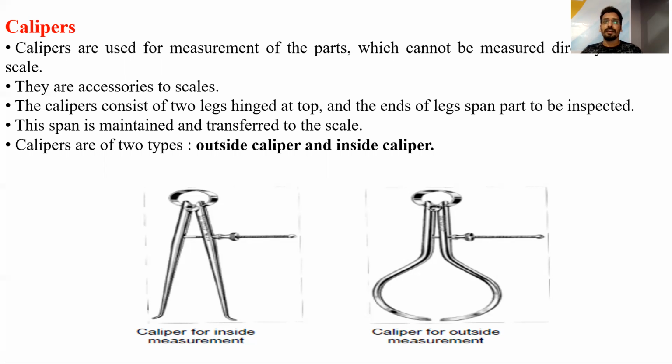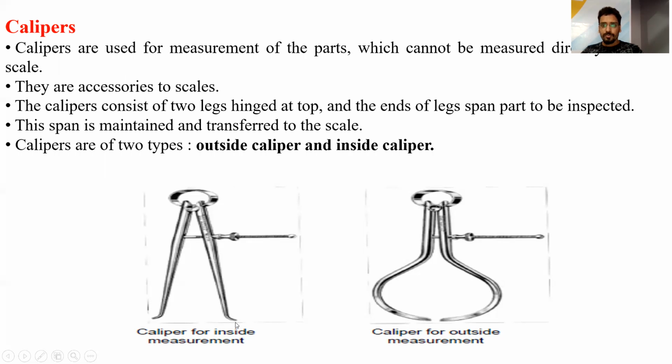The caliper consists of two legs hinged at the top. The ends of the legs span the part to be inspected. Let us suppose there is a workpiece which has to be measured.